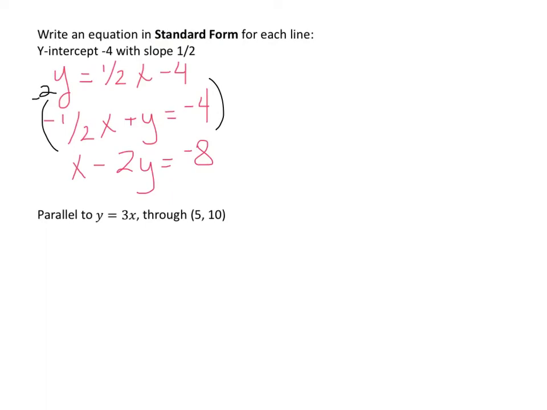Next one, they don't necessarily give me the information, but I can see it. If I'm parallel to this, that means that this has to be my slope. So really, I've got point-slope form right here.